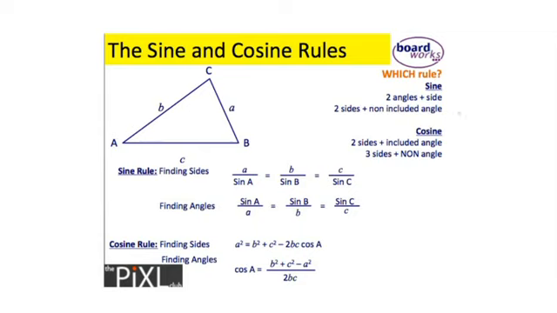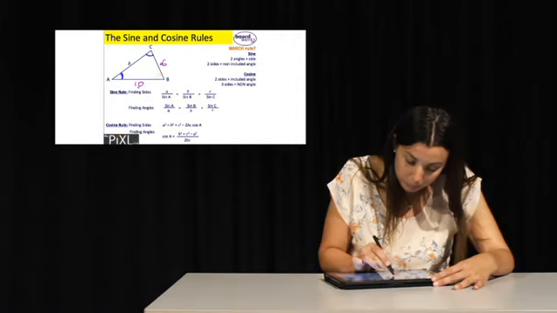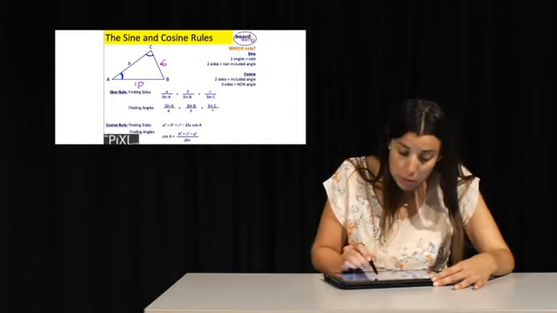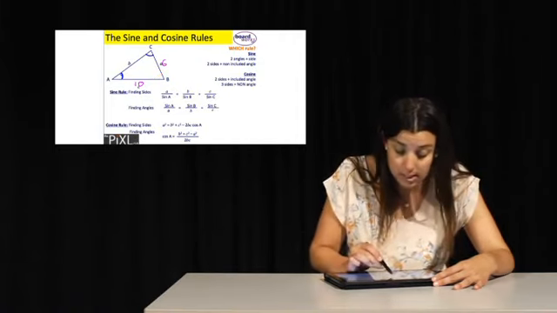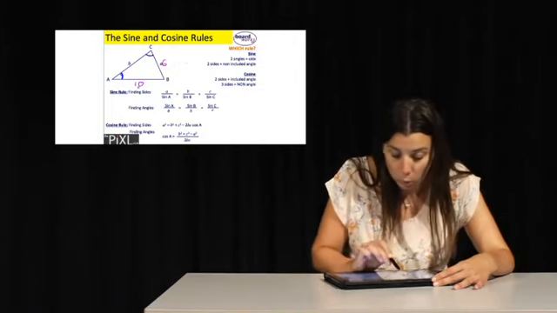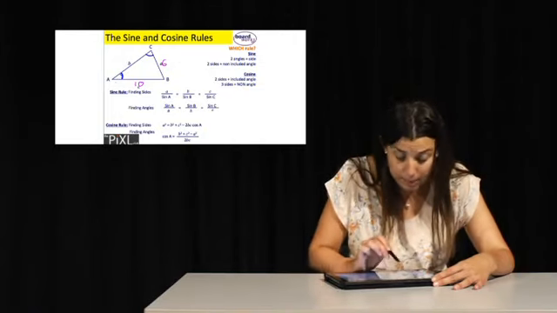A non-included angle, for example, if you are given this side, which is 10, and you are given this side, which is 6, the included angle is this one, because it's between the 2 sides, 10 and 6. A non-included angle will be the blue one here or here. So a sine rule is used in the situation where you have 2 sides, for example 10 and 6, and a non-included angle, which are the 2 blue ones labelled here.